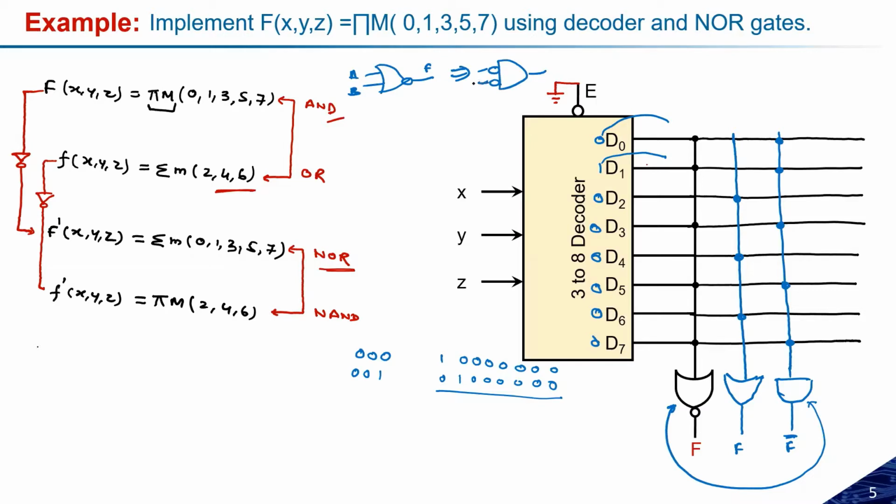So if this is the case, then this can be replaced with the bubbled one, and that will be complementary in nature. Yes, the function will be complementary in nature.